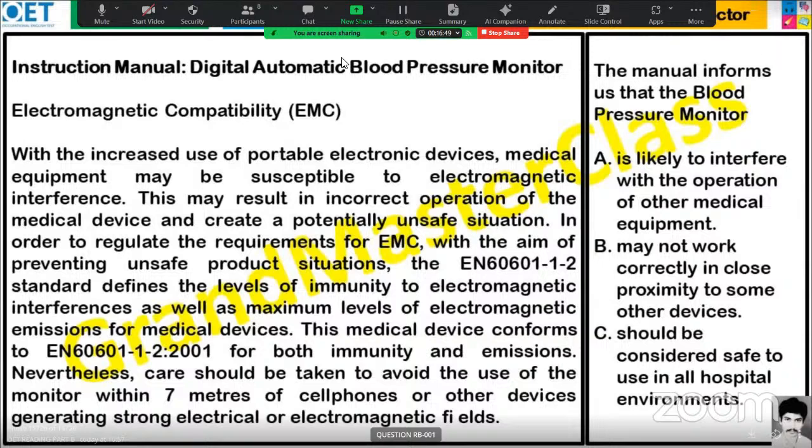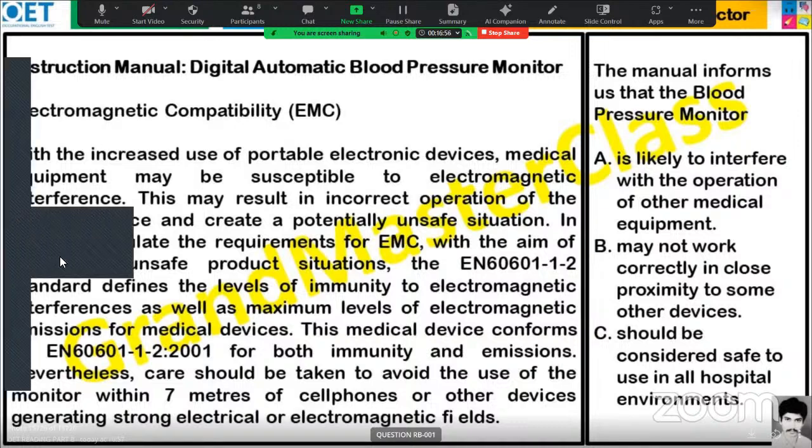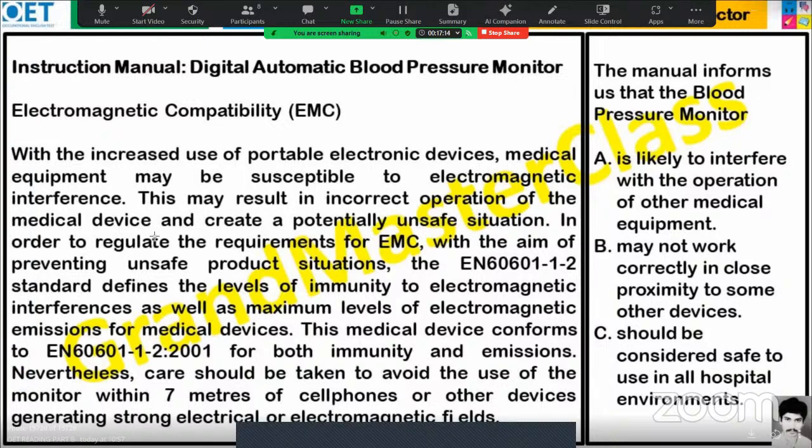Next. Now let us see here how to follow this particular question. Yes.